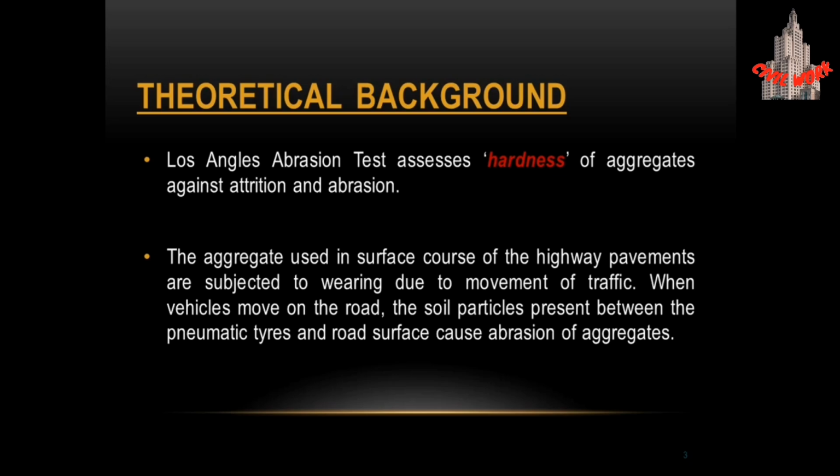Next one, we have the hard aggregate, which includes feldspar, which is an igneous rock, quartzite, and mica. Number 4, we have the very hard aggregate, which includes topaz and diamond. Hardness of aggregate affects its durability, abrasion resistance, crushability, workability, and strength.